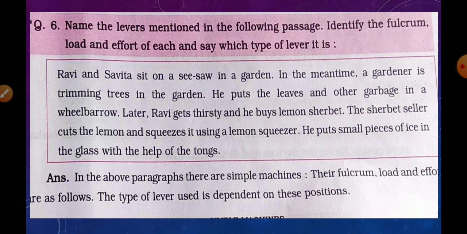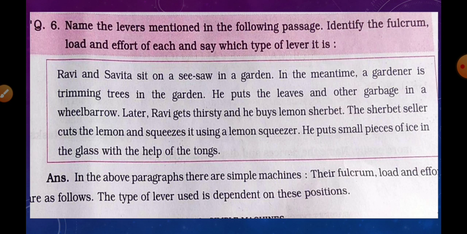Understood? See the answer. What you have to write in the above paragraph. There are simple machines. Their fulcrum, load and effort are as follows. The type of lever used is dependent on these positions.